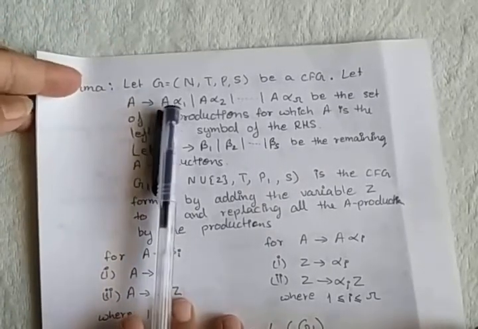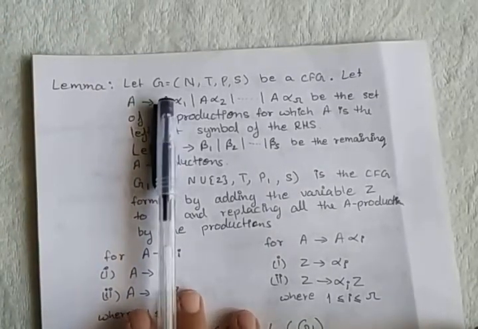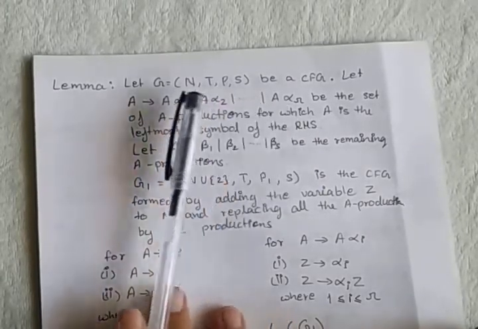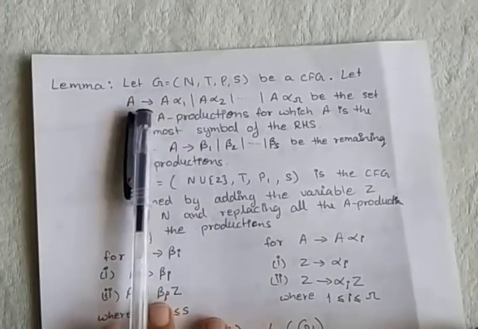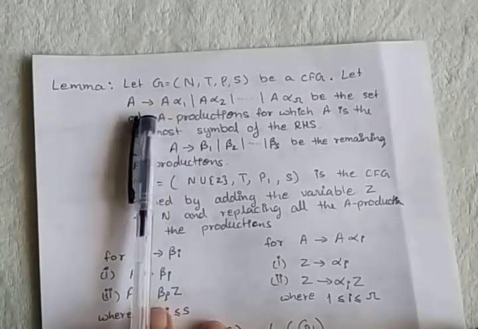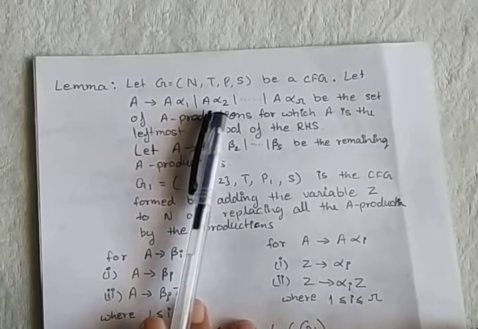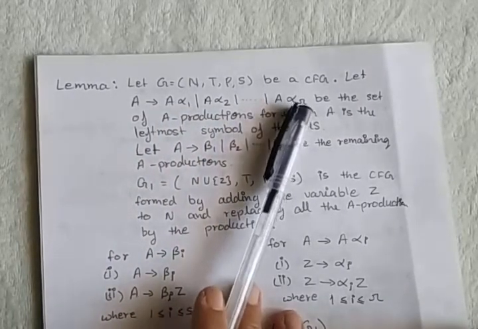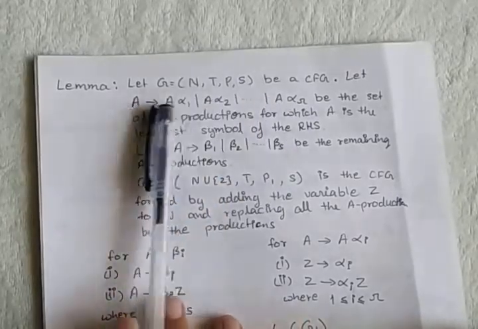Suppose we have a grammar G equal to (N, T, P, S). It is a context-free grammar, and this grammar has rules of the form A tends to A alpha 1, or A tends to A alpha 2, or up to A tends to A alpha R. Means we are having R rules here, right?